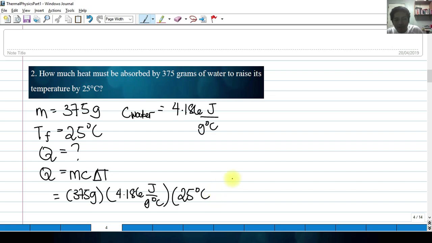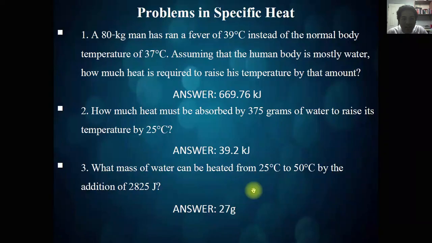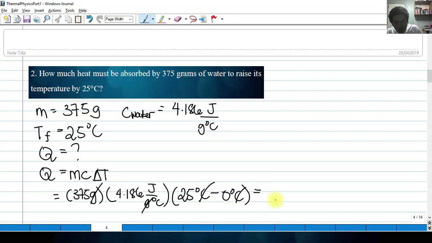If there is no given initial temperature, we assume that it is 0 degrees Celsius. As you can see, units will cancel. If we compute that using our calculator, we shall get an answer of 39.2 kilojoules.